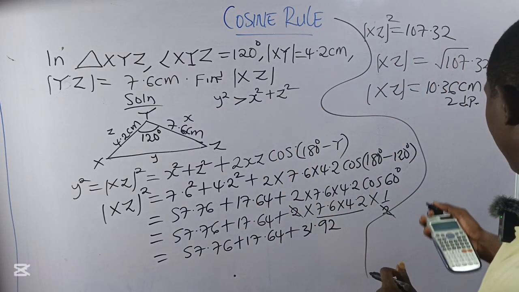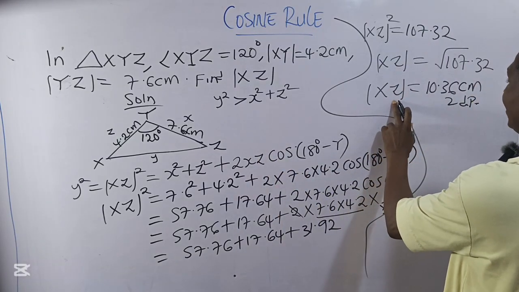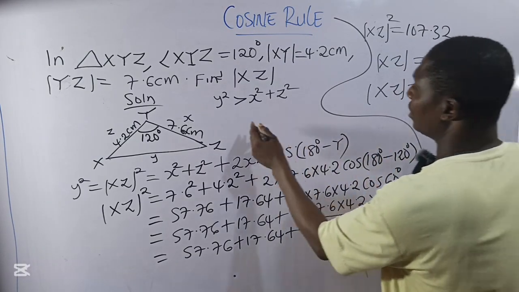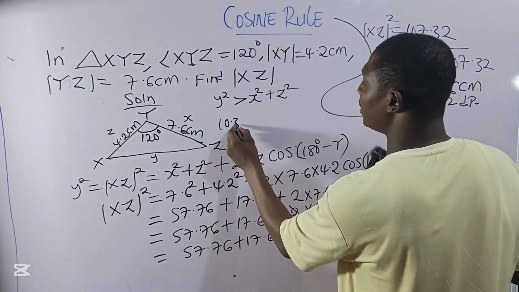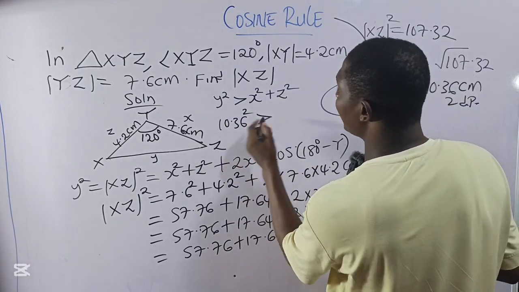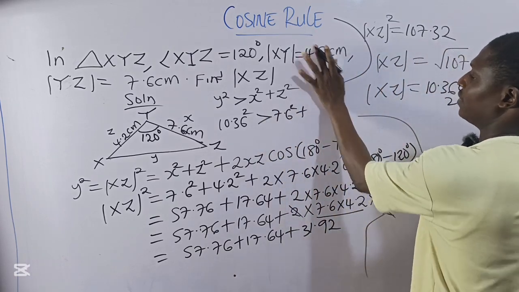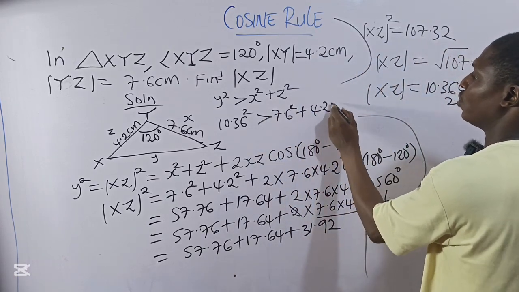Now check. I have my y, which is z, to be 10.36. So 10.36 square must be greater than x, which is 7.6 square, plus z, which is 4.2 square.